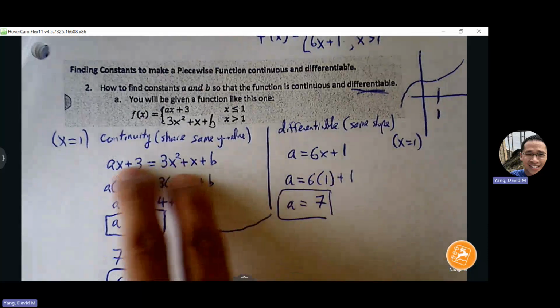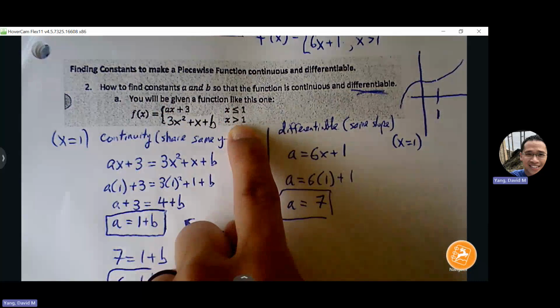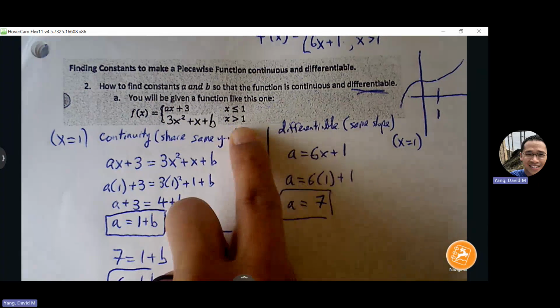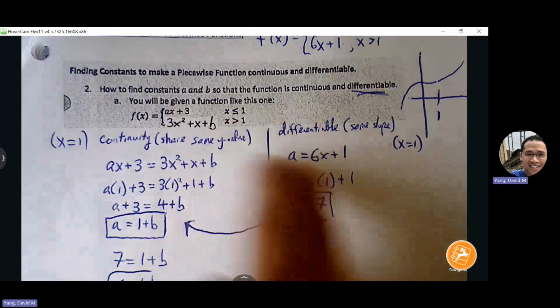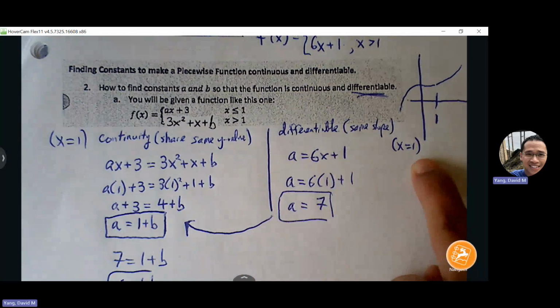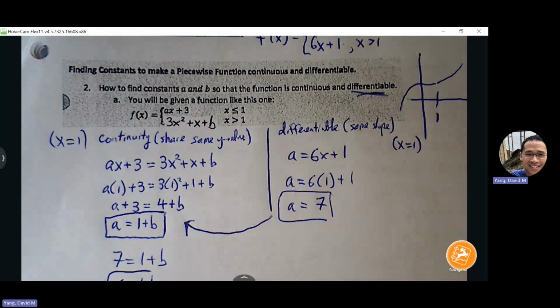You've got to set the expressions equal to each other, replace every x with whatever x value I give you, and then you have to find the derivative of the two expressions, set them equal to each other, replace the x with whatever number I give you, and then from there, you're just doing systems of equations and trying to solve for a and solve for b. Okay, you guys feel okay with that?